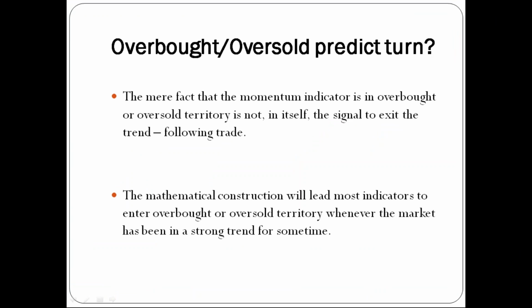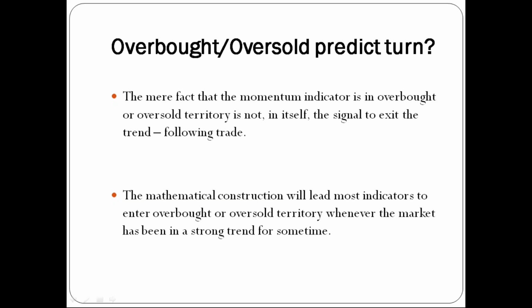So there's a question: does overbought and oversold predict a turn? The mere fact that a momentum indicator is in overbought or oversold territory is not itself a signal to exit a trend following trade. That means when you see the indicators have crept into an oversold or overbought territory, it does not give you a signal to exit the trade.